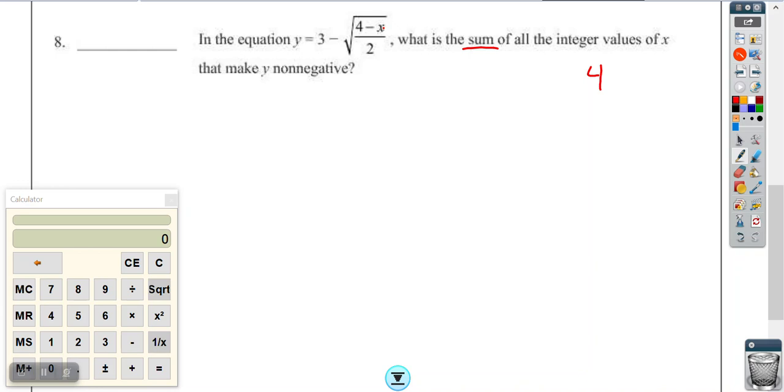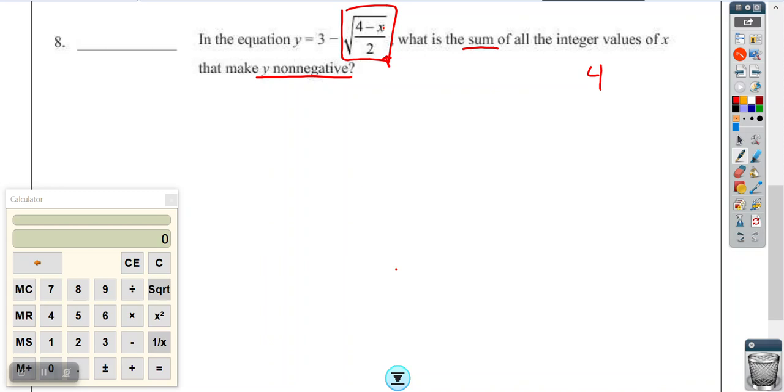What about the smallest possible number? Well, it tells us we want y to be positive, non-negative. So that means this whole thing right here has to be worth less than 3. Now, we don't have to have a whole number inside here, but we need to know it has to be less than 3. Now, it can be 3, because 3 minus 3 is 0. 0 is not negative.